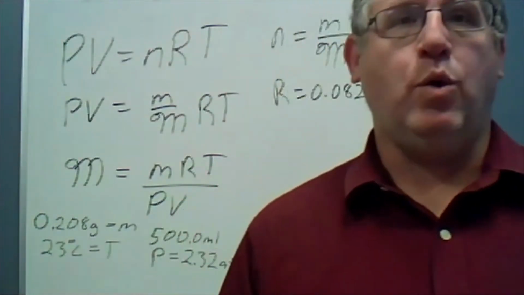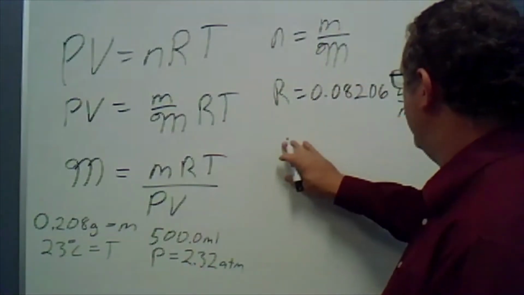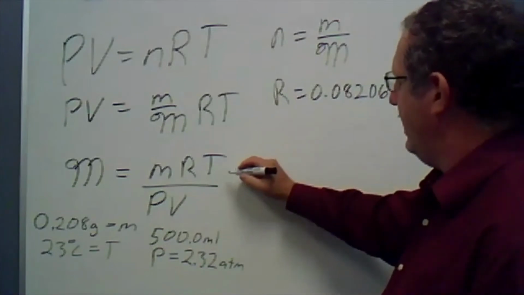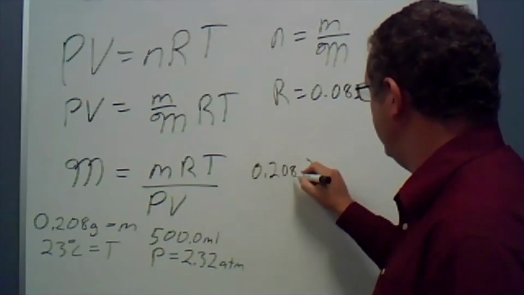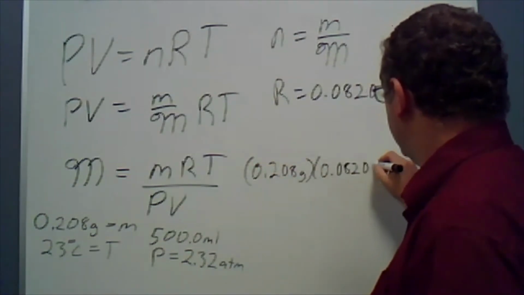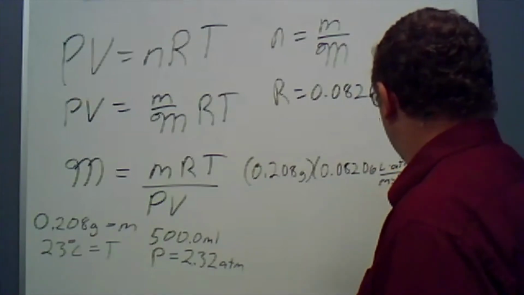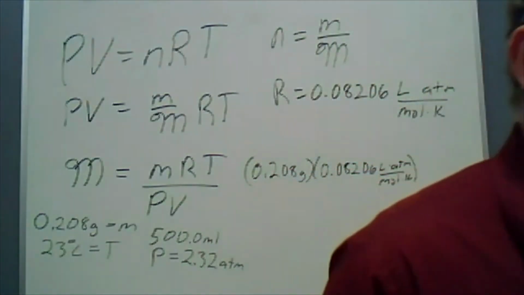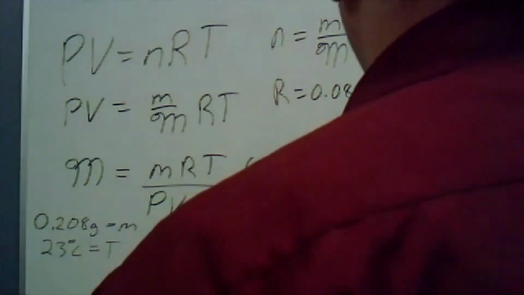Now I'm going to do a quick conversion of a couple things. And if you need, you can ask me a question about it, I'll show you how that works. But finding M, 0.208 grams, times R, 0.08206 liters atmospheres per mole Kelvin. My temperature, 23 degrees Celsius. Remember that in order to go from degrees Celsius to Kelvin, we add 273.